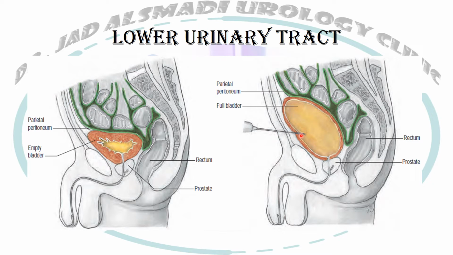So this relation is very useful in clinical practice. But of course, this normal alignment of structures can be distorted by previous surgeries in the lower abdomen, so it's preferable to check if the bladder is full or not by using an ultrasound.